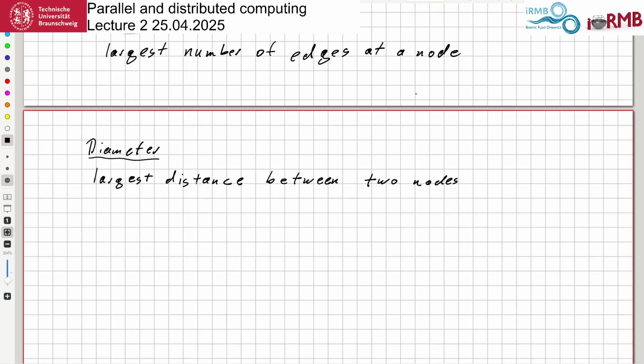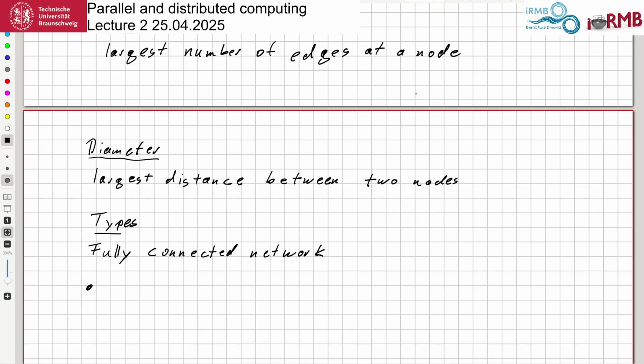Okay, then let's look at some types. I've just said something about a star type network, but this is not on my list, I just recognized. So, obviously, you can have a fully connected network.